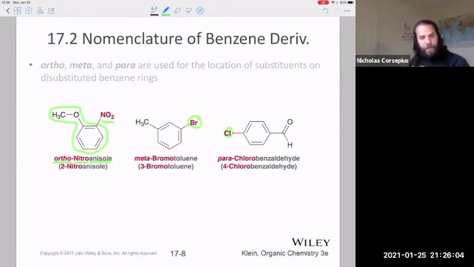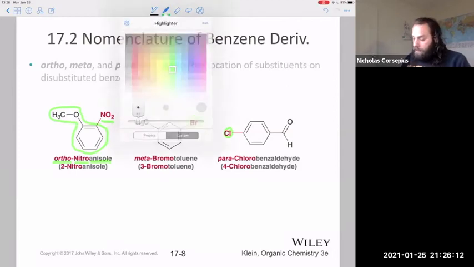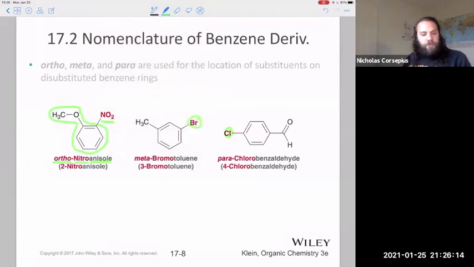Okay, so this is going to be the procedure. You've got to find the parent chain just like always, but it's a little bit harder because of all those common names that we have to remember. And then construct everything. Again, specific for di-substituted, you're going to use that ortho-meta-para. So then let's go for the next one. In this one here is our special parent chain, which we called toluene.